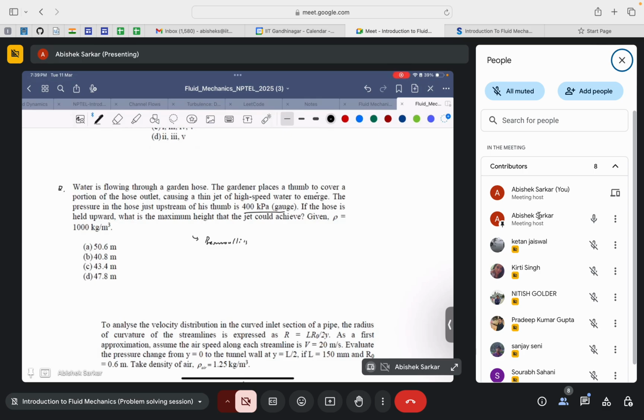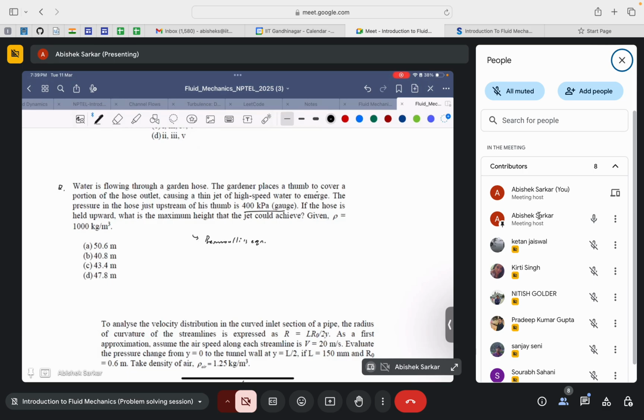But I'm just giving you one good practice, even if you are applying Bernoulli's equation. Because in this kind of question, you're given the value of some particular fluid parameter at a particular point in the flow field, and then one other parameter at another point, and you have to find a correlation between them.